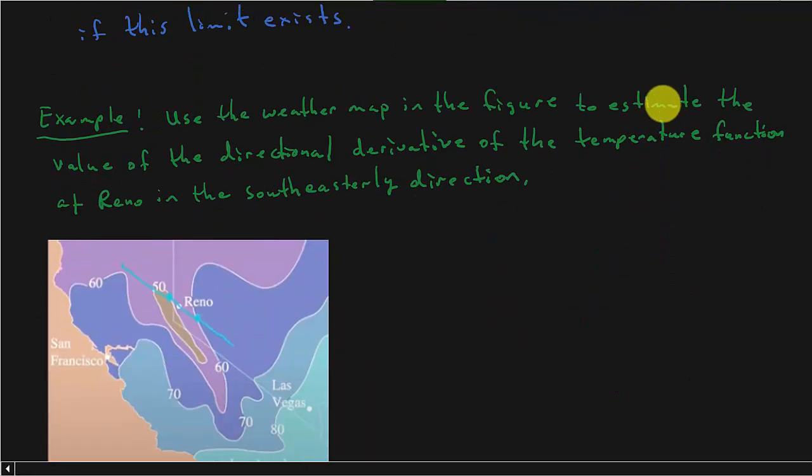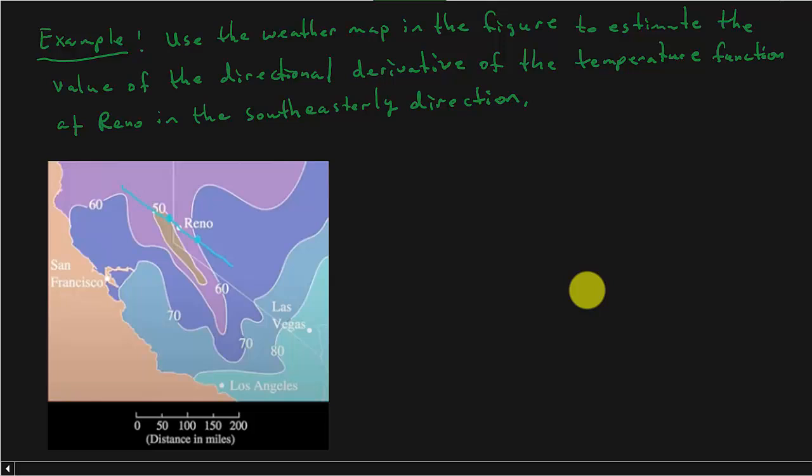Let's look at this example. Use the weather map in the figure to estimate the value of the directional derivative of the temperature function at Reno in the southeasterly direction. They show us this southeasterly direction.